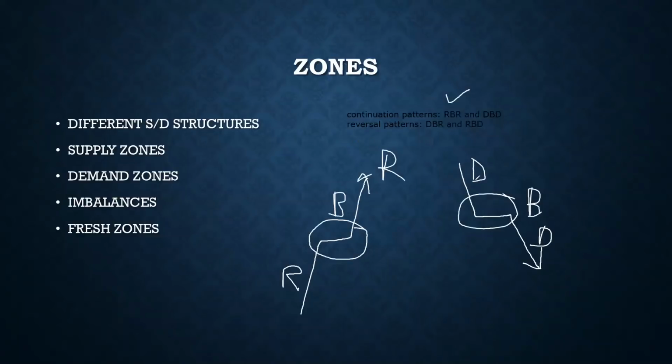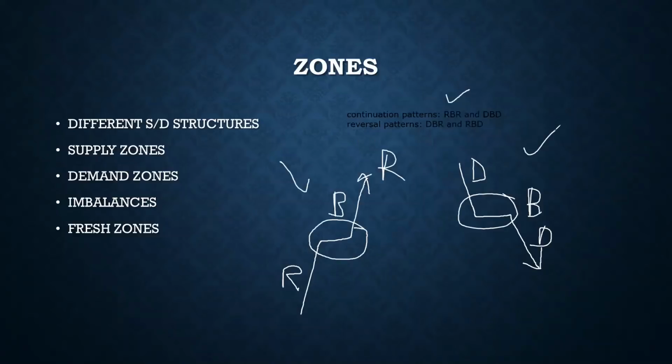What you see here is when we talk about a continuation, the price was in an uptrend. As the price was in an uptrend, we consolidated and waited to gather liquidity, and then we pushed up further. That is the first zone. Then you see the same thing happens on the drop base drop.